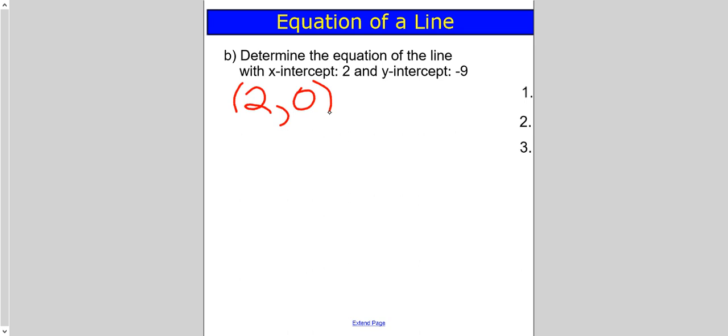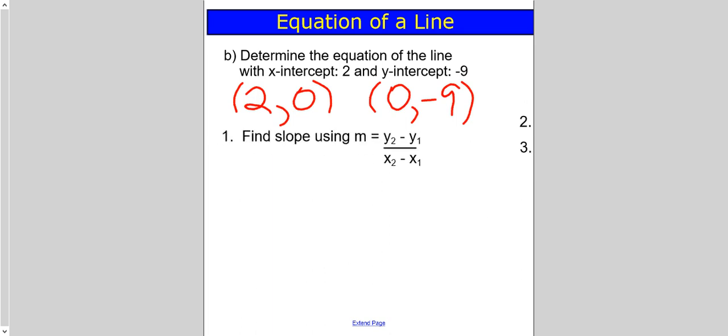We have a y-intercept of -9. That means the graph is crossing on the y-axis. And so if it's crossing on the y-axis, it means it has an x value at 0. And here we are. And lo and behold, look at that. We now have our 2 points, which will allow us to go ahead to find our slope.